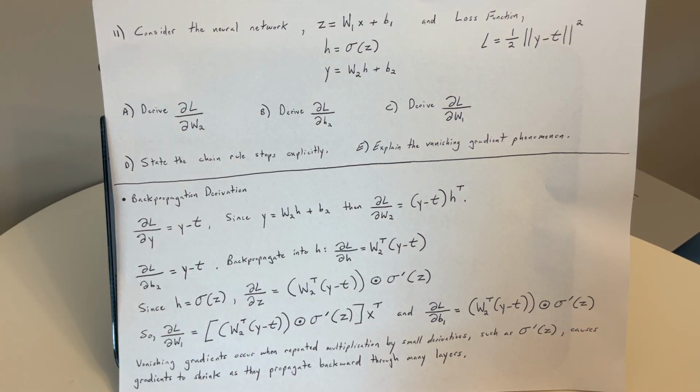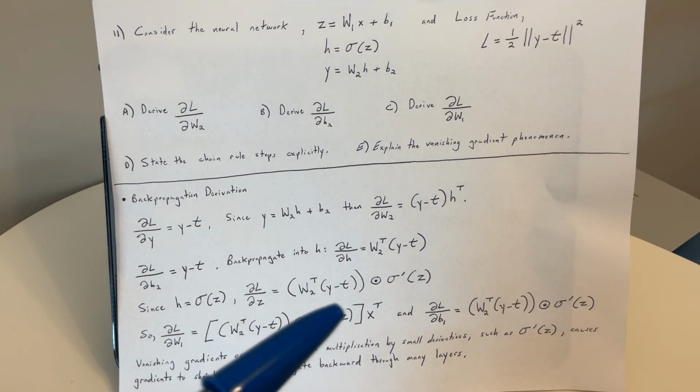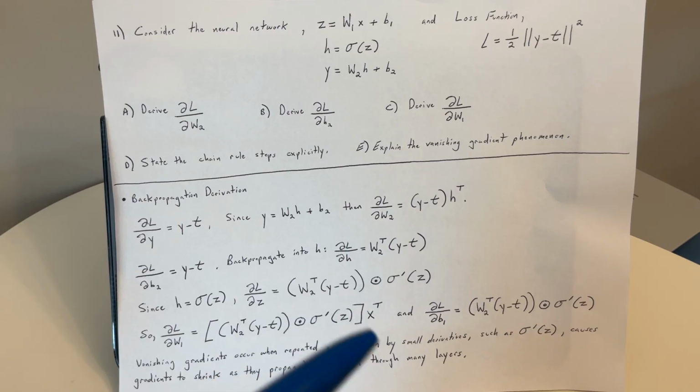with sigma prime of Z. So partial derivative of L with respect to W sub 1 equals the bracket W2 transpose Y minus T, element-wise multiplication sigma prime of Z, close bracket, times X transpose.